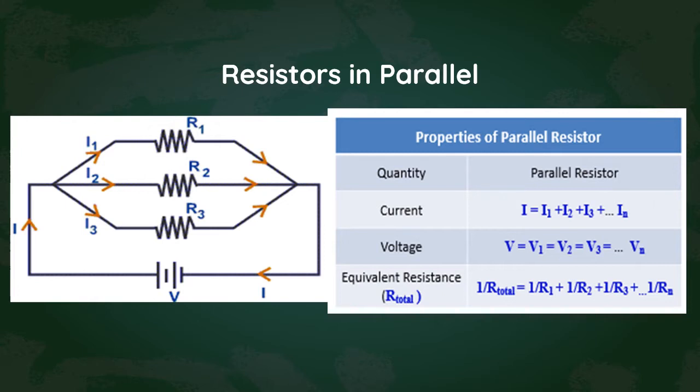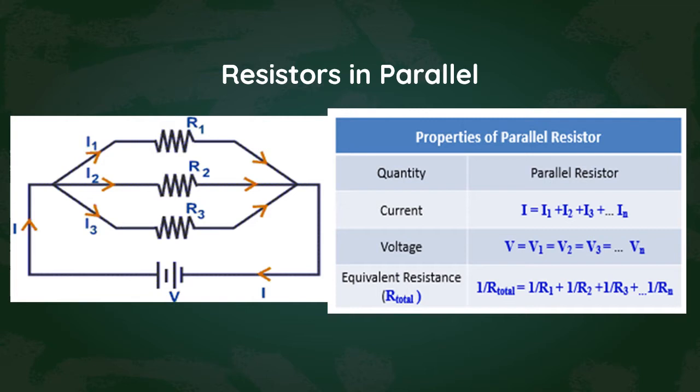And for parallel connection, the total current that flows in the circuit will be equal to the sum of the individual currents that flow through your individual resistors. Whereas the voltage experienced by each of the resistors, or the voltage drop in each resistor, will be equal to each other, which will be equal to the total voltage of the circuit.